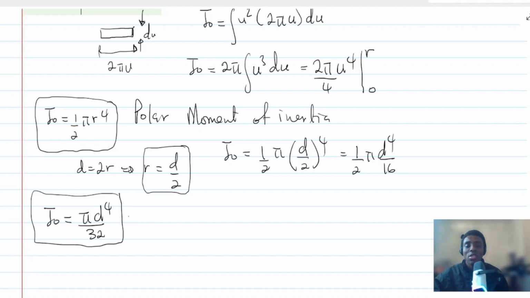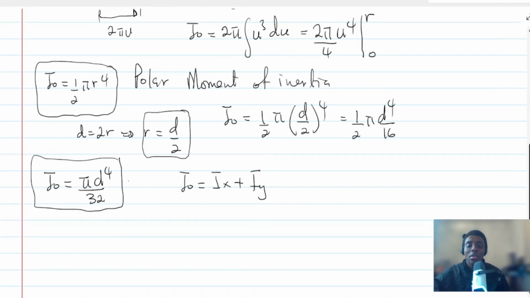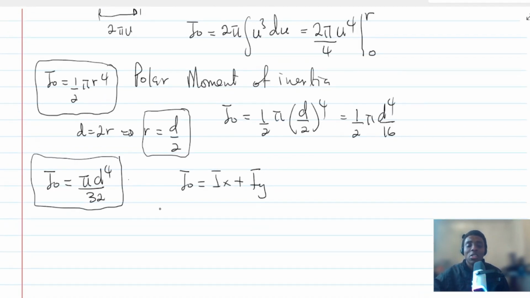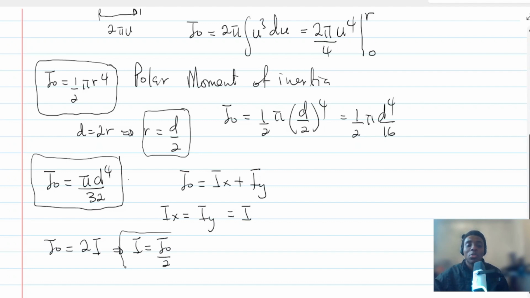Let's use this formula to get the area moment of inertia. This is special to only a circular cross section. As a matter of fact, the polar moment of inertia is Ix plus Iy. However, for a circular cross section, Ix becomes equal to Iy, so we can simply call it I. Therefore, J naught is going to be 2I, which is like saying that I equals J naught divided by 2.